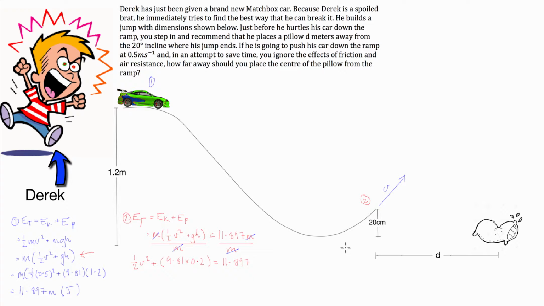11.897. Cool. So what we know is, 9.8 times 0.2, if you put that into a calculator, you'll get 1.962.